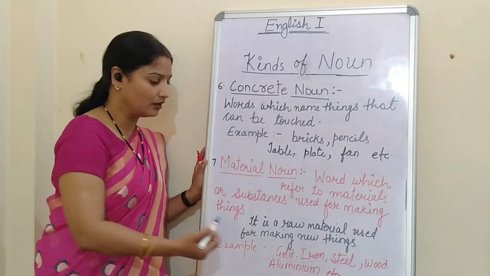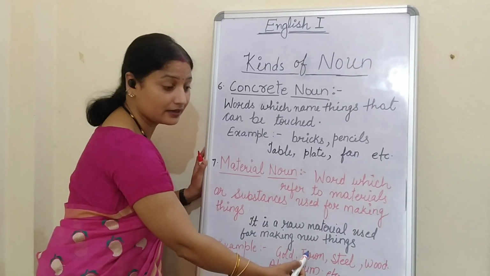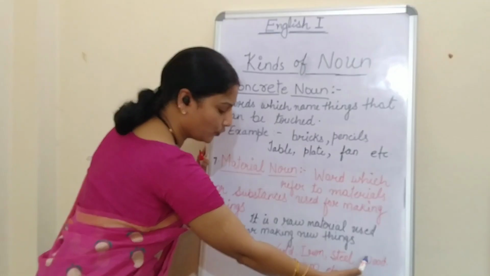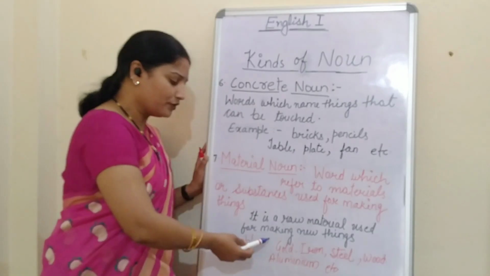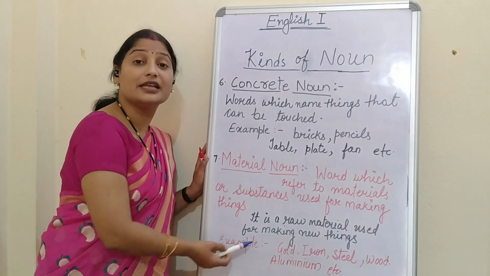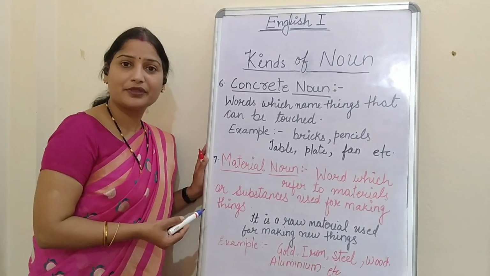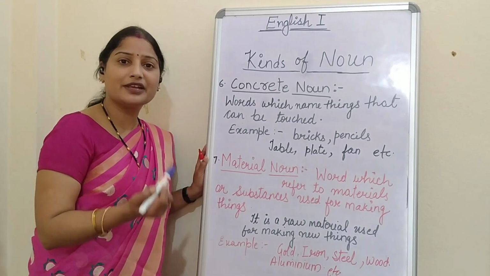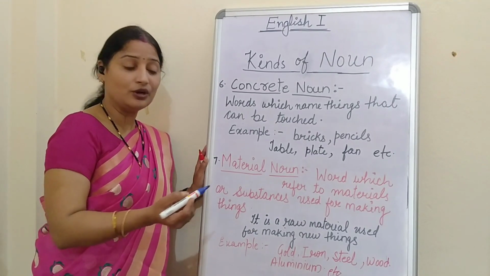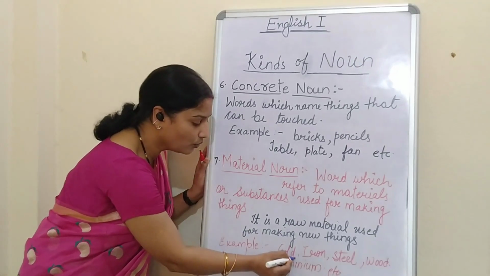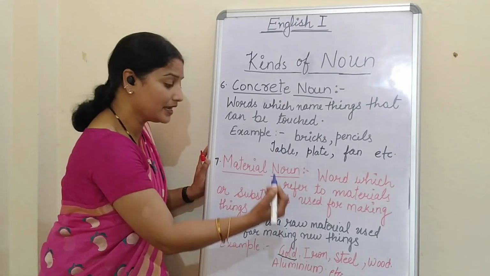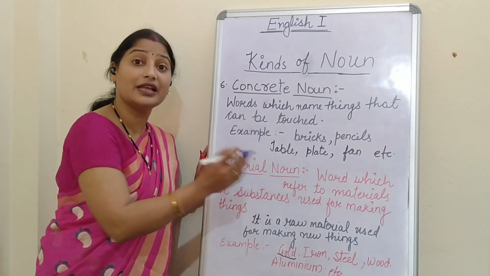For example, gold, iron, steel, wood, aluminium. Now here, with the help of gold, we can make many things. We can make earrings, a necklace, bangles. So this gold is a material noun because it is used in making many different things.